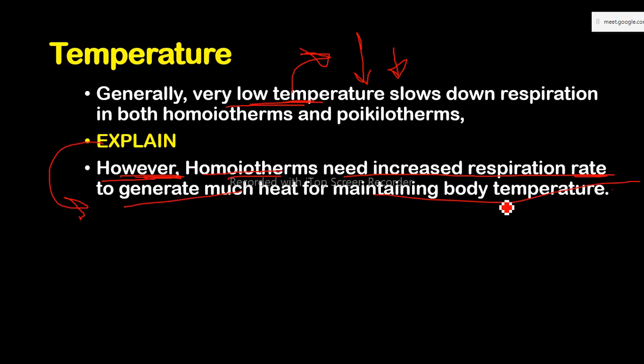So the temperature being low, you respond: that's when you produce adrenaline, that's when you produce the thyroxine hormone, that's when you produce a lot of insulin hormone, and these hormones will forcefully increase the rate of respiration to generate enough heat to maintain the body temperature constant.